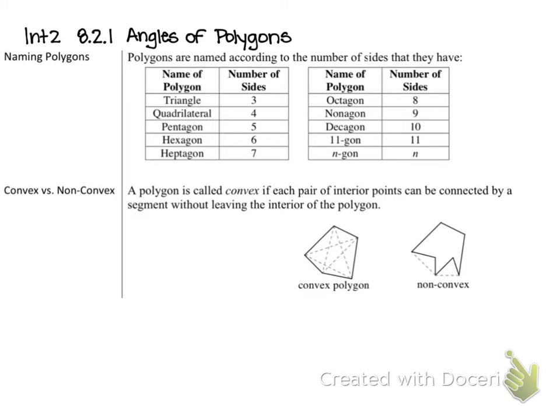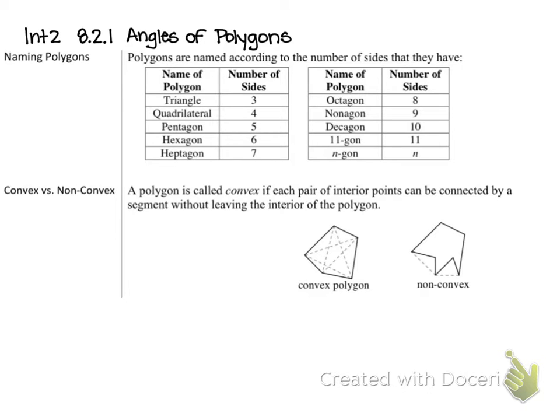Now, we typically name polygons based off of the number of sides that they have, and some of these names should look familiar to you, hopefully. You do need to know the specific names for the ones that are identified here, but once you get up to a polygon that's got like 15 sides or 27 sides, which do exist, we refer to them as a specific n-gon.